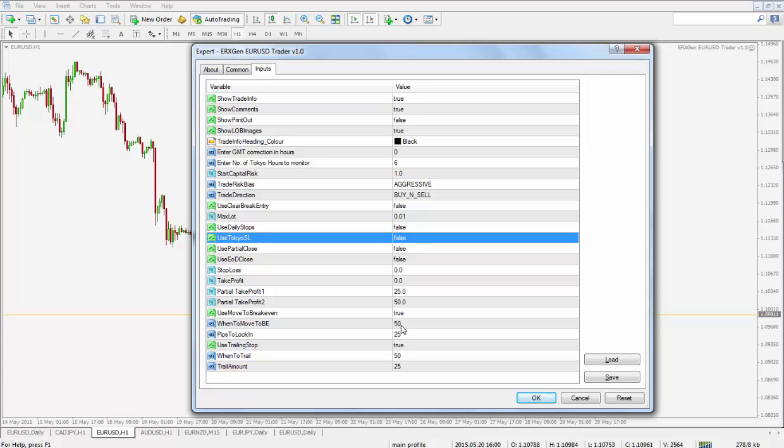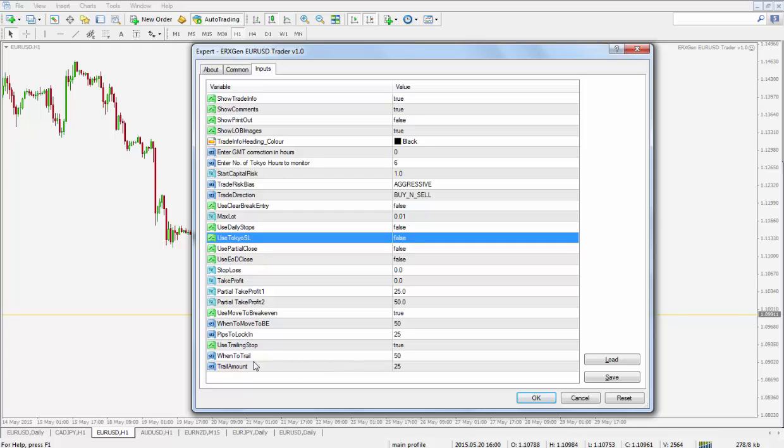So if price moves in favor of the trade 50 pips above the entry price in the buy situation, or below in the sell situation, the EA will move the stop loss from wherever it's placed, whether it is below the low of the Tokyo range or below the low of the previous day, and move it to 25 pips. So that's pips to lock in at break even. It moves the stop loss from the original position to 25 pips.